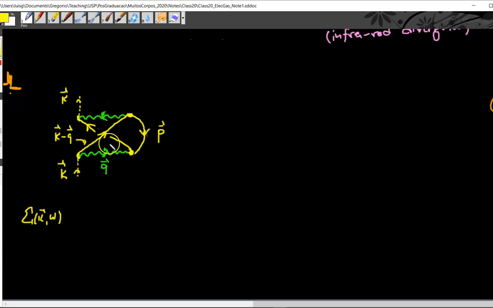If I know this is q and this is p, I can figure out the momentum on this line. Let's call it k2, such that it's leaving, and these two are entering the vertex, so this should be p minus q.